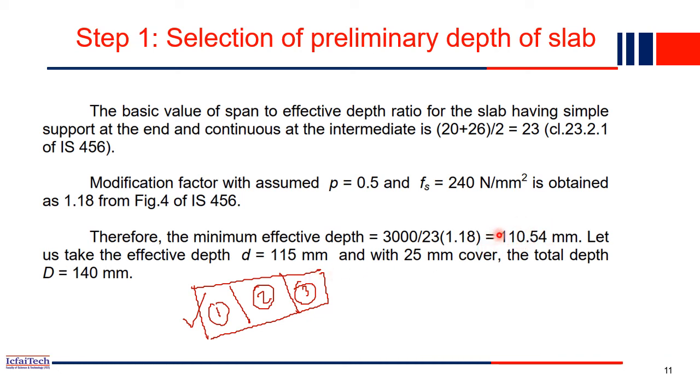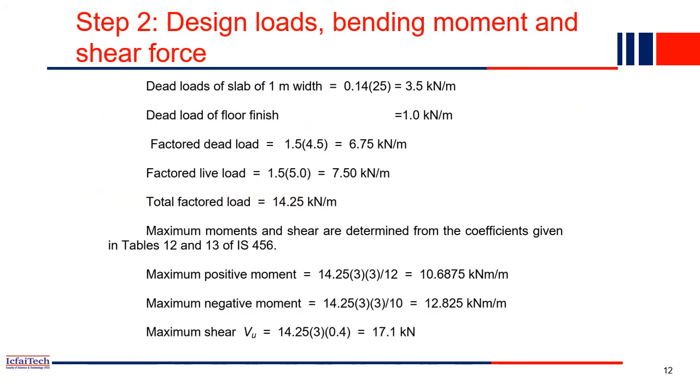If the slab is safe, then whatever design you make is correct. In this problem I have considered d as 115. We got 110.54 and made it a round figure to the next multiple of 5, which is 115 mm, and with a clear cover of 25 mm, the total depth of the slab is 140 mm. So step 1 is over.